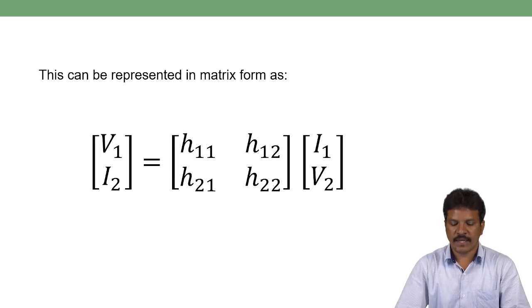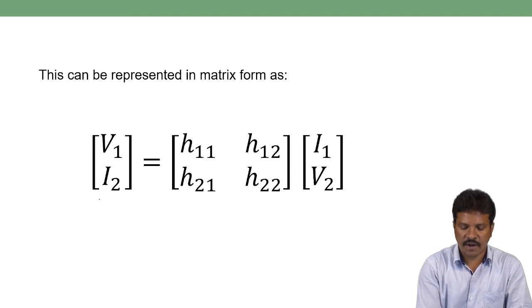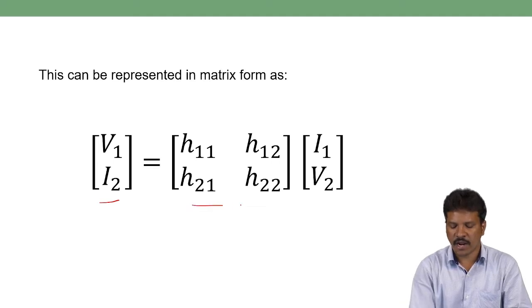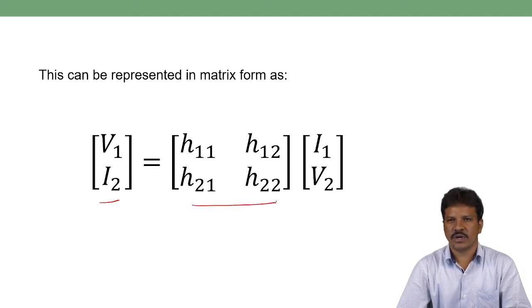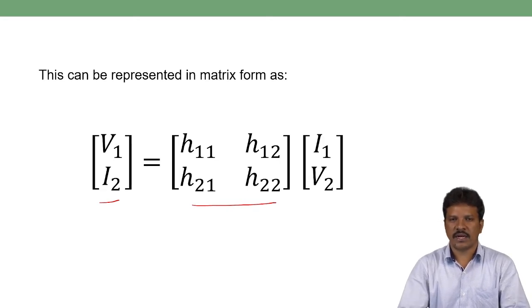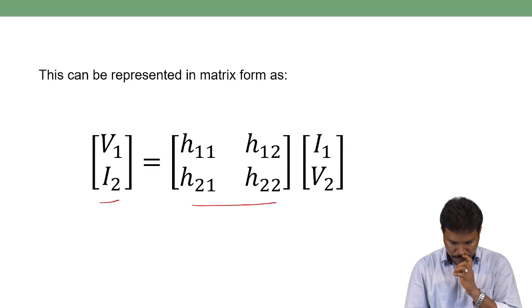This can also be represented in matrix form: the dependent variables V1, I2 as a column matrix on the left side are equal to the H parameters H11, H12, H21, H22 multiplied by the column matrix of independent variables I1, V2. So the H parameter equations can be represented in matrix form.